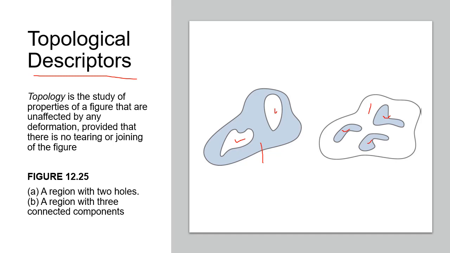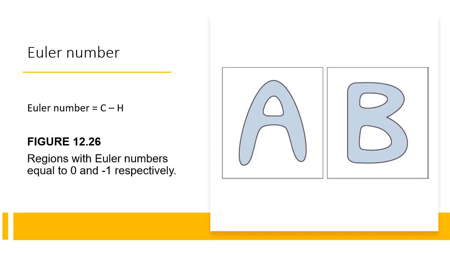So of course the value for the topology descriptor would be different. And the Euler number is one measure that could be used to describe the object based on the number of connected components and the holes.